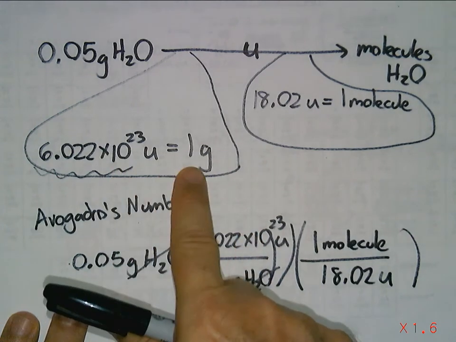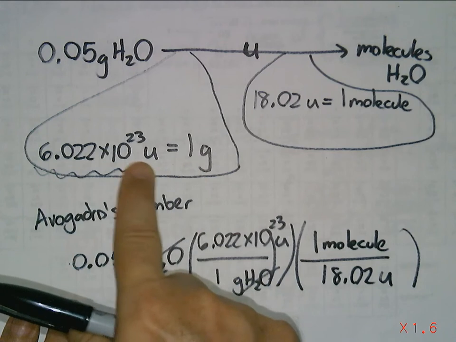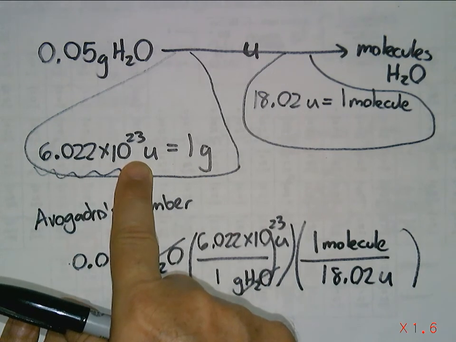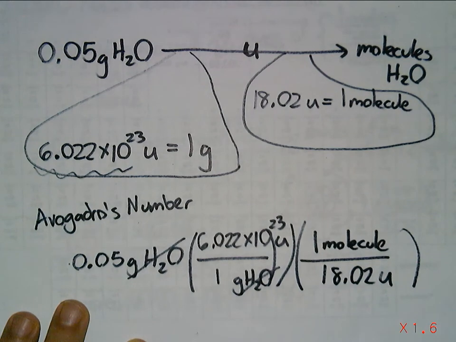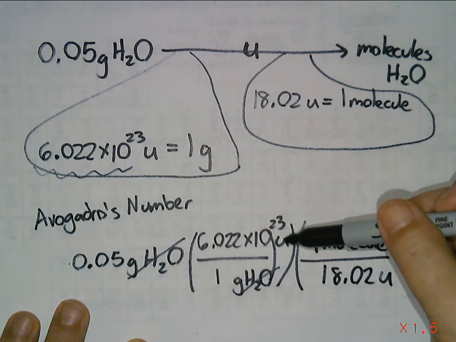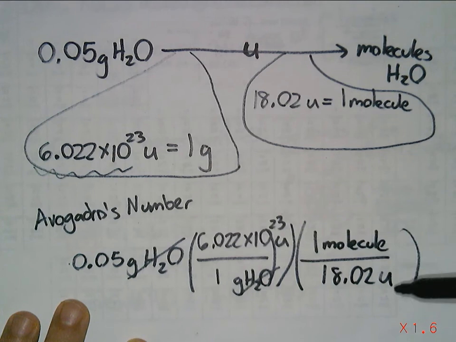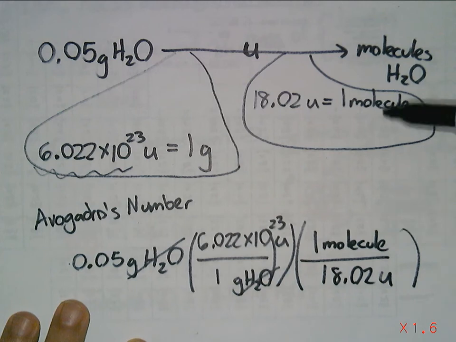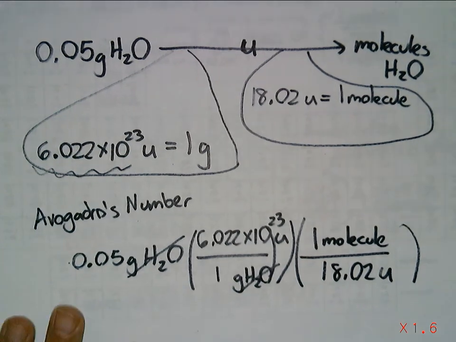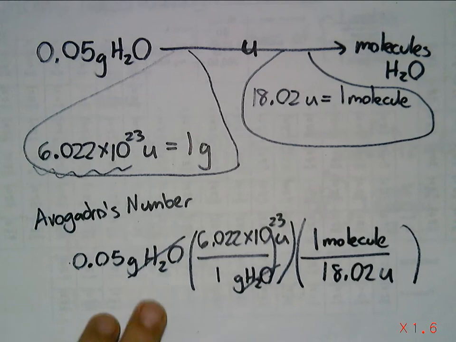You need a link between grams and something else. And here we have a link between grams and atomic mass units. Now, then I've got atomic mass units, and I want to get rid of that, so the U have to go down here. And I have a link between U and molecules, which we just talked about how to get.